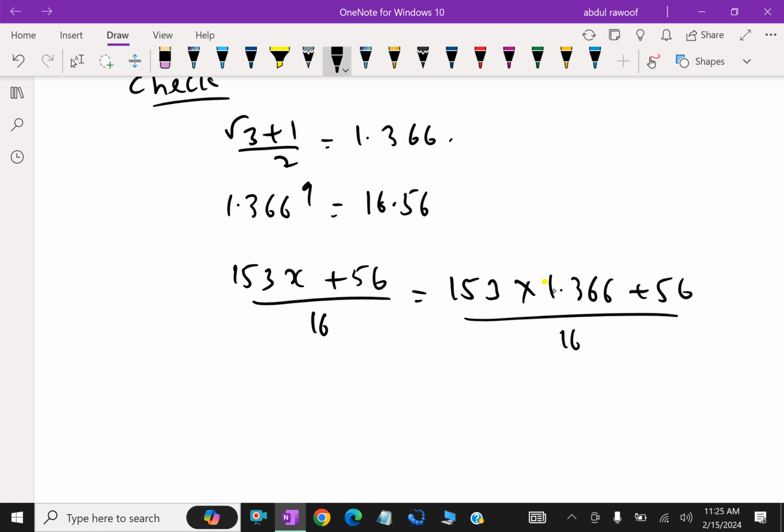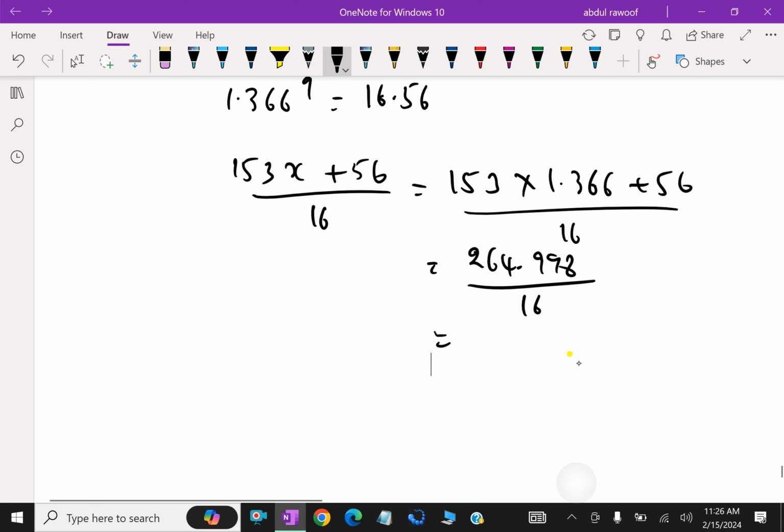Let us check the right side here. 153 multiply 1.366 plus 56 is equal to 64.998 over 16. 64.998 divided by 16 equal approximately 16.56.